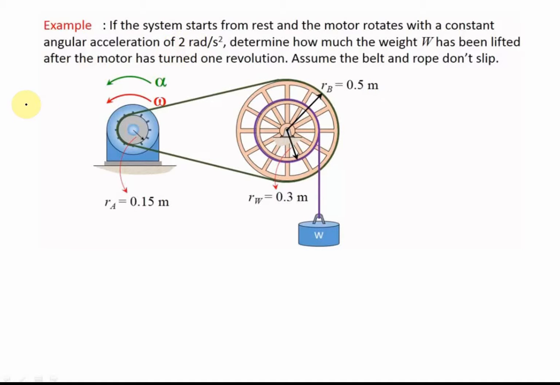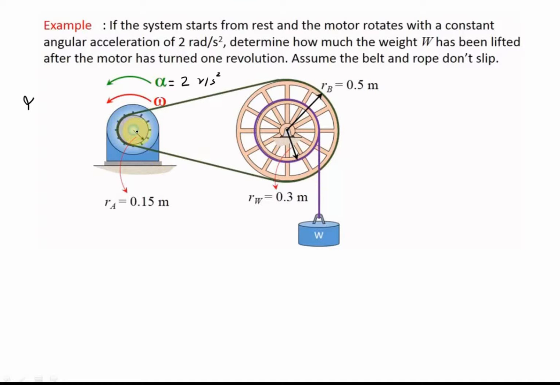So alpha here is 2 radian per second squared, and I want to determine how much the weight W has been lifted after the motor has turned 1 revolution. So the smaller motor turns 1 revolution, and how much is the weight W lifted.